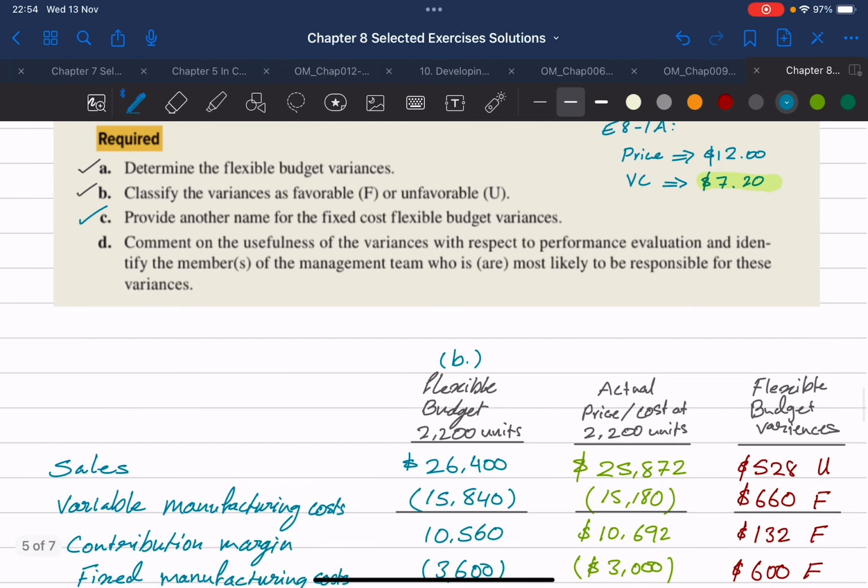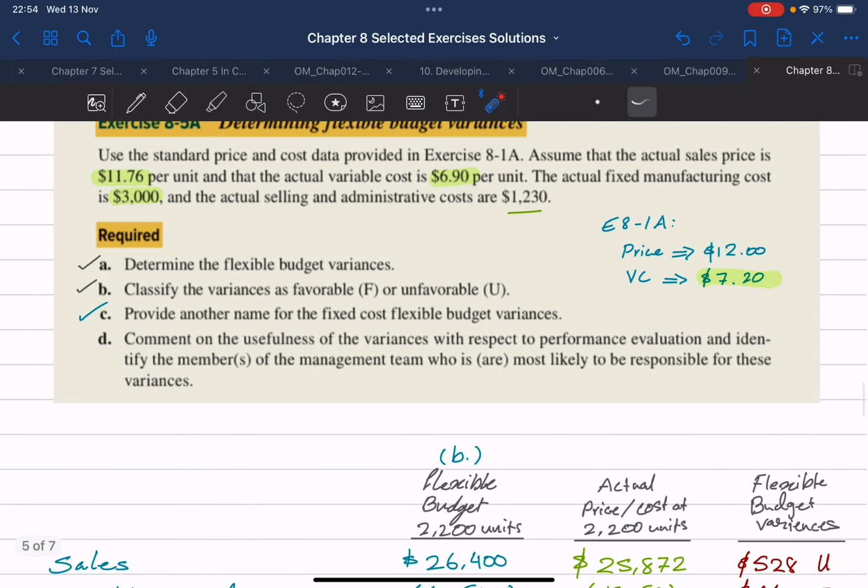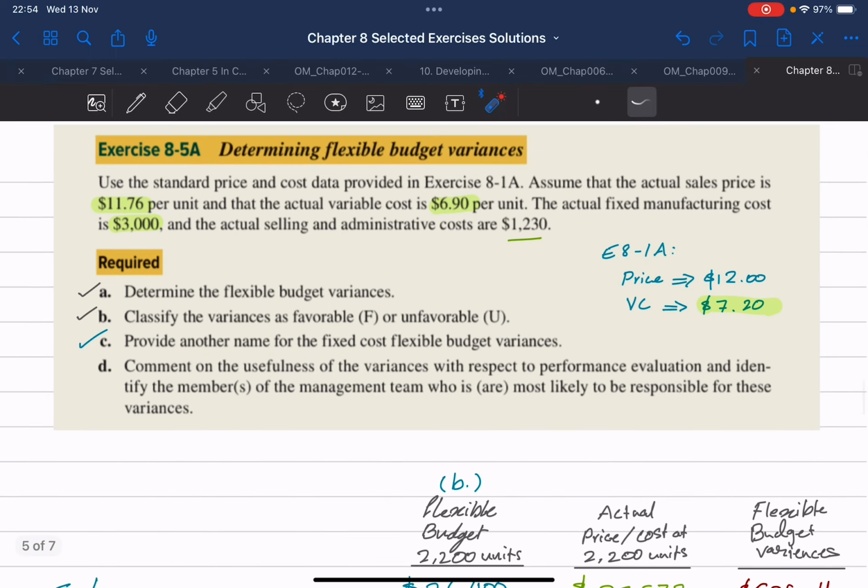Now, this is a question that you would need to comment on based on your understanding in your own words, but I'll give you some indications. Notice what happened here. The company had reduced the selling price from $12 to $11.76, and their variable costs also were decreased. So you're going to need to comment on that.